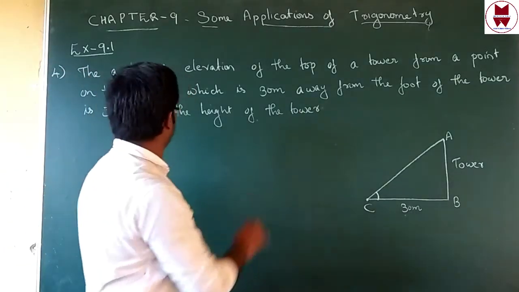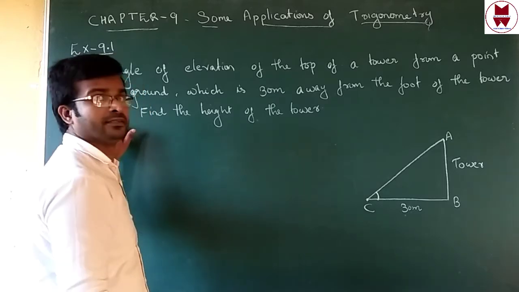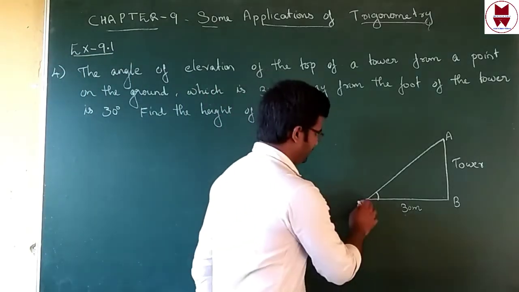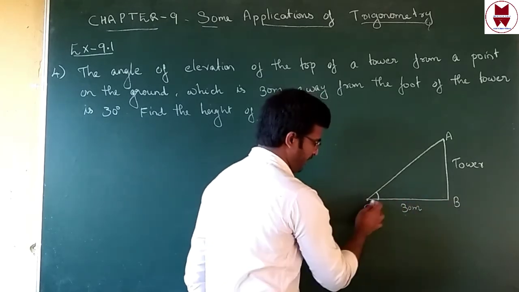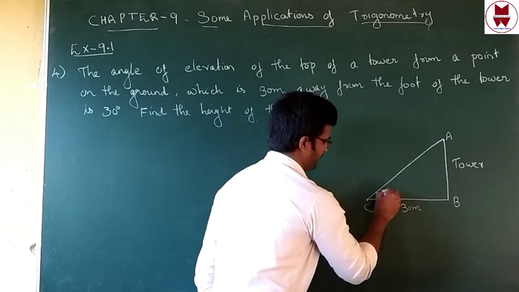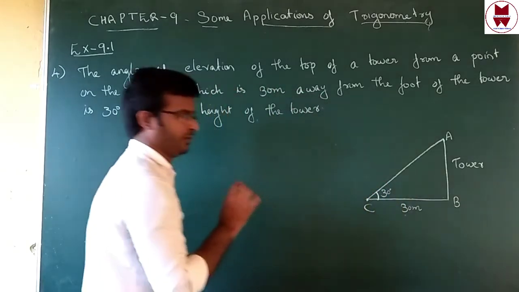Then angle of elevation is already given, that is 30 degree. Angle of elevation means angle between ground and this hypotenuse, 30 degree. You have already studied angle of elevation.